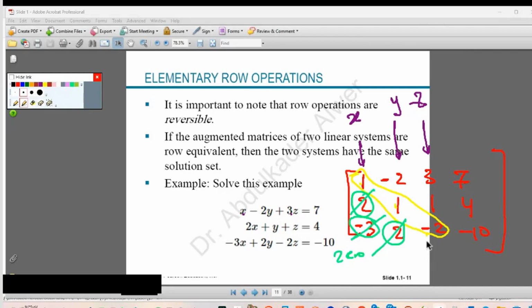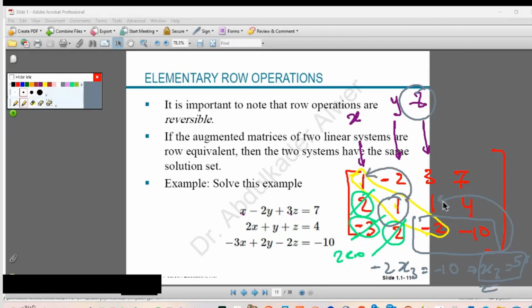So from that, I have here minus 2 x3 equal minus 10, so x3 equals 5. I will use this number here. I have x3, or z, so I can find y. From here to here, I can find x1.